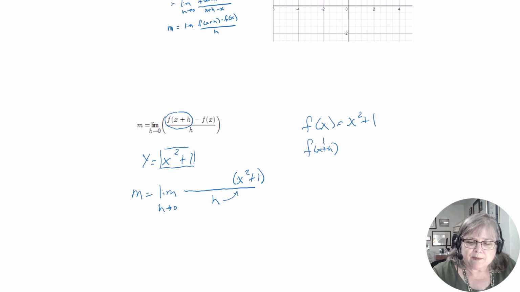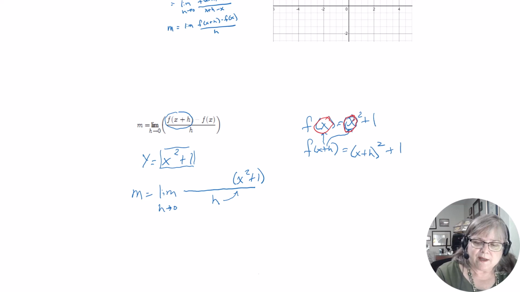You're going to put x plus h everywhere there's an x, so you put it in there, you put it in here, you leave everything else the same. So this x right here gets replaced with x plus h. The square stays the same and the plus 1 stays the same. All you're doing is replacing the x, this one too, with x plus h.